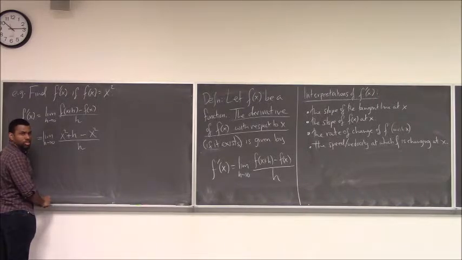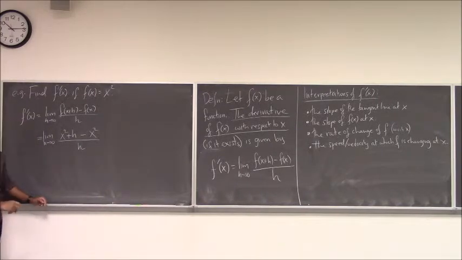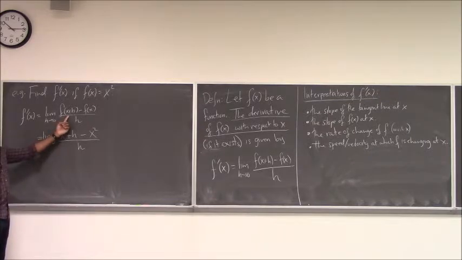No, that's not right. What's the problem? Isn't it x squared plus 2xh plus h squared minus x squared? Where did all that come from? Because you have to plug the x plus h into the x. Remember how functions work.